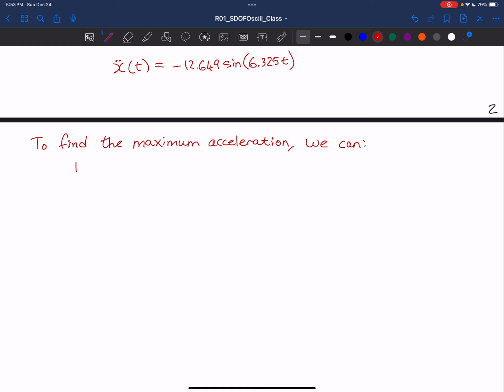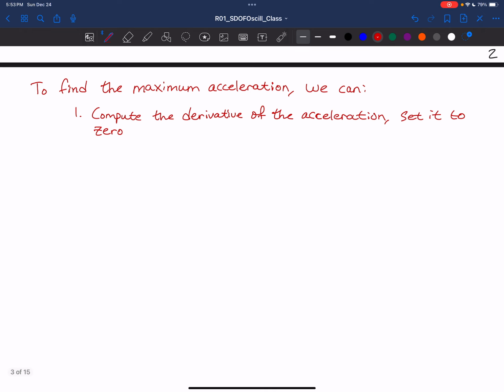So first, and probably the one that you might think to begin with, is that we can compute the derivative of the acceleration, set it to 0, solve for the time, we'll call that t star, and then we can plug that into the acceleration. And sure, that certainly works, and there's nothing wrong with this approach.